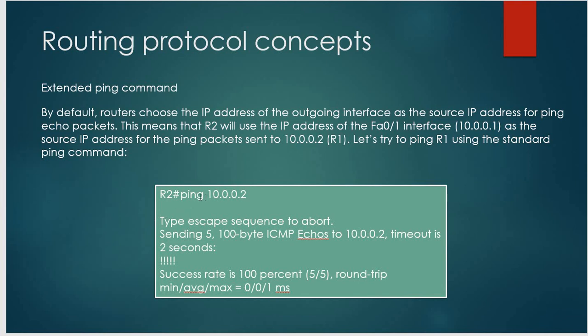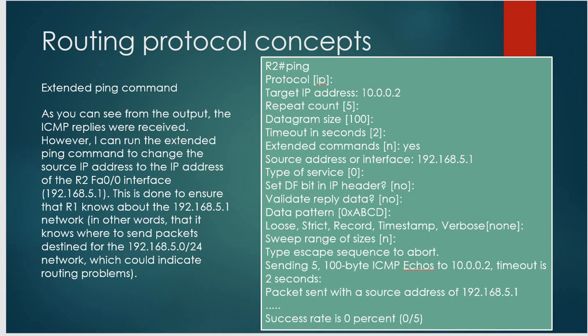In the simple ping, you can do it in this router command, and here we can use different types of this command. IP protocol, target address, we can use the default and the extended commands.